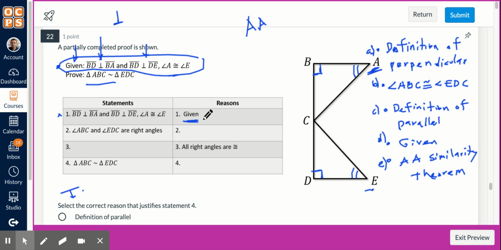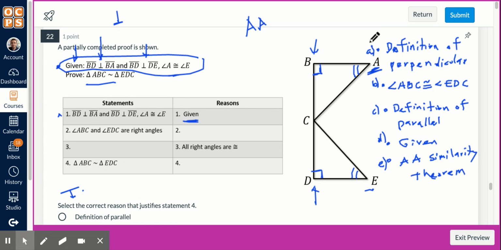Next, they're saying angle ABC and angle EDC are right angles. So they're saying that this and this are right angles. How come? Because the lines are perpendicular to each other, therefore they form right angles. So that would be definition of perpendicular.